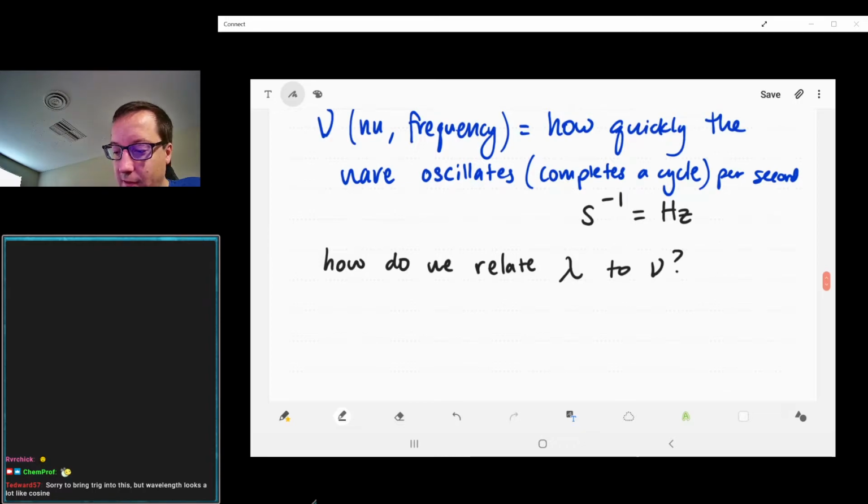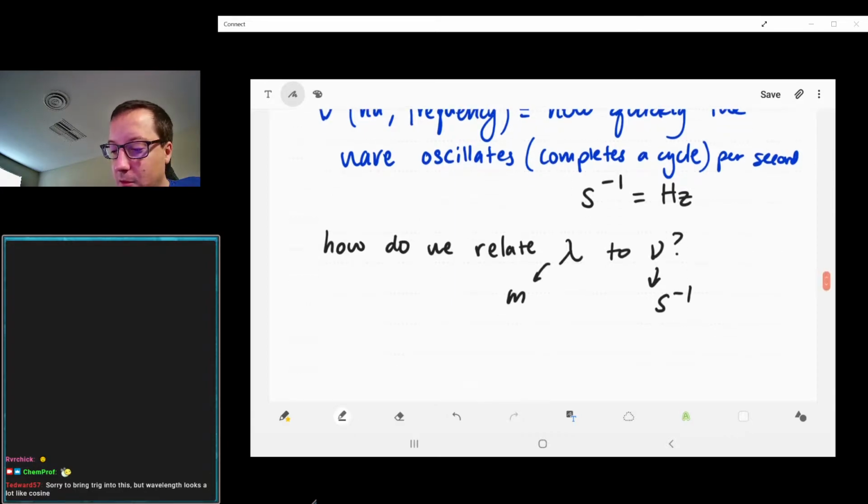So let's think about it. So this is in units of meters. That's in per second. So we have some sort of relationship where we can multiply these to get something that's meters per second. And lo and behold, we do have a factor for us, which is going to be the speed of light.